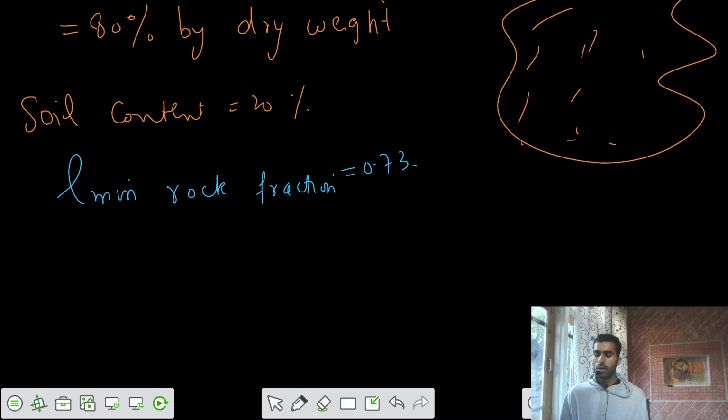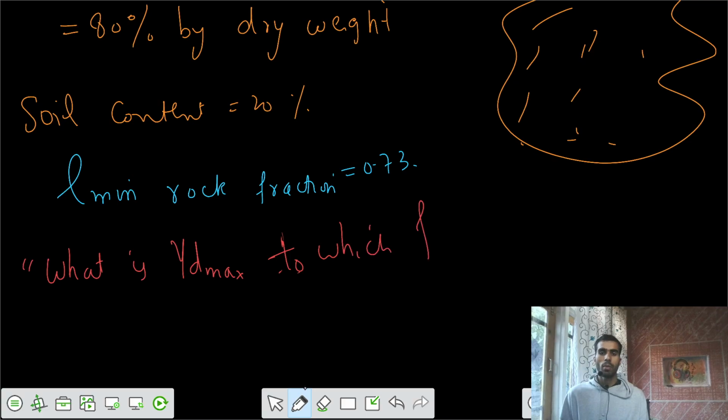And we need to say what is the maximum dry density, the gamma dry maximum, to which the fill can be compacted.